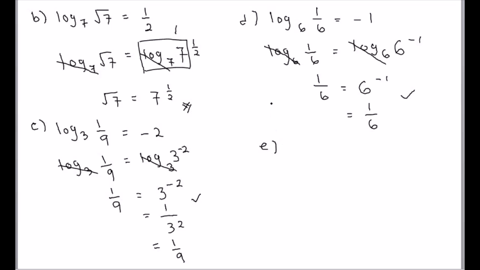So let's discuss one more. E. Log base 27 of 3 equals 1 over 3. So let's change 1 over 3 into log statement: log base 27 of 27 to the power 1 over 3.